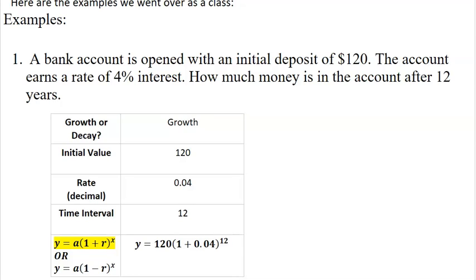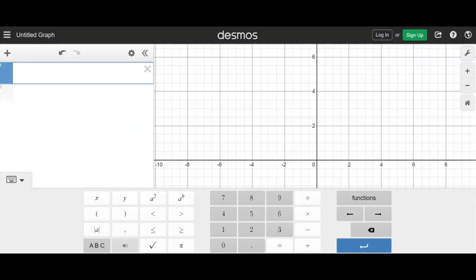So from our warm-up, we watched a video on Desmos. So I want you to go ahead and open up the app, and we're going to use Desmos to help us solve for the exact answers. I just opened up Desmos in my browser, and I'm going to plug in our function.